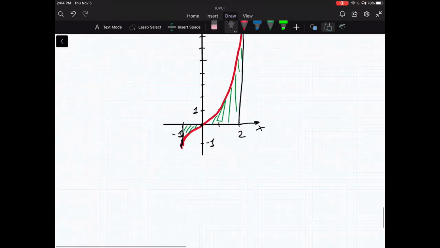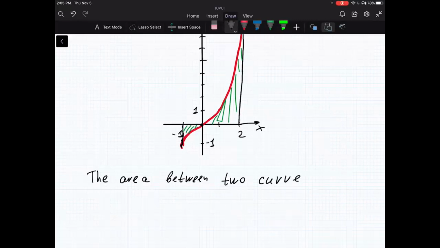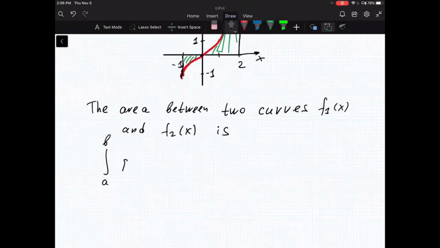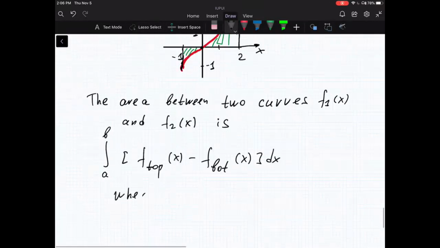What is the area between two curves? The area between two curves, say f1(x) and f2(x), is the following integral: the difference of f top of x minus f bottom of x, dx, where f top of x is above f bottom.